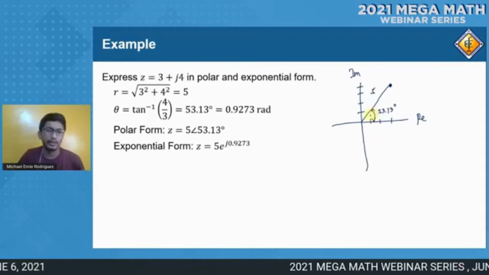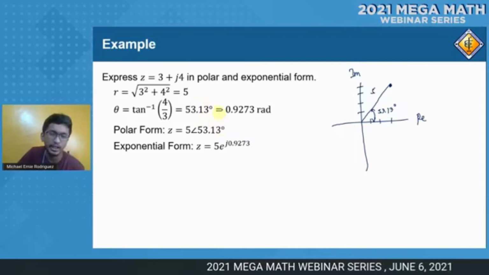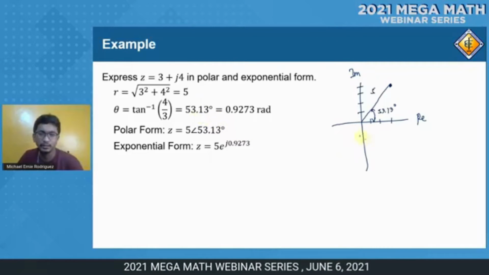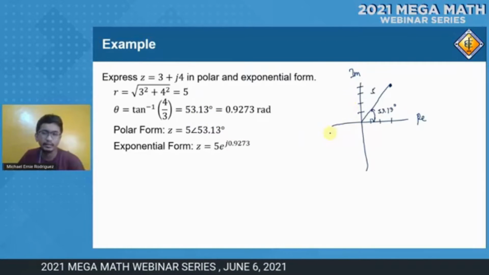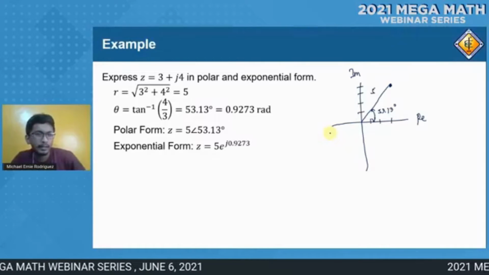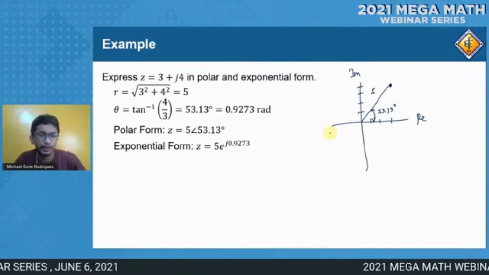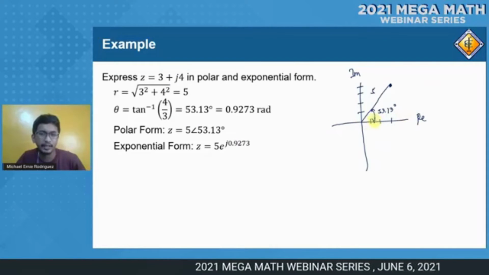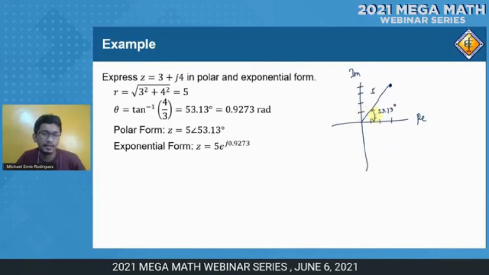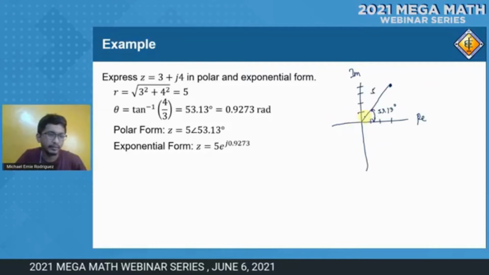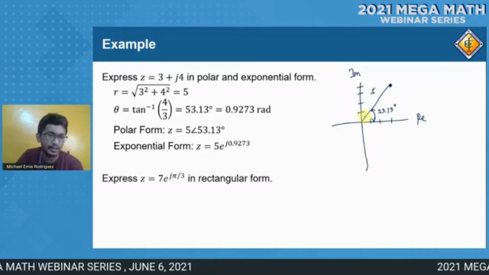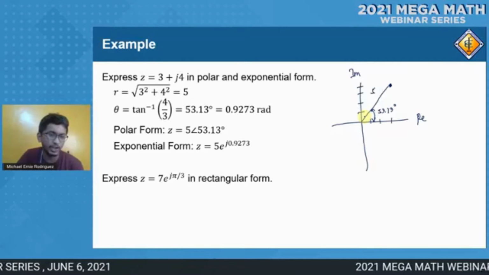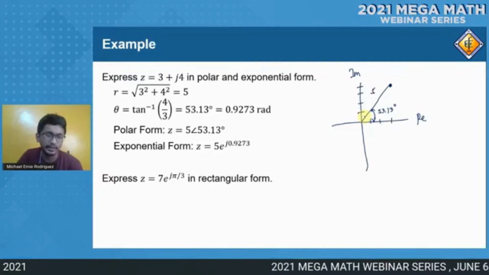We don't need to adjust our angle since it is not in another quadrant. The reference for your graph is the positive real axis, the reference of our angles.